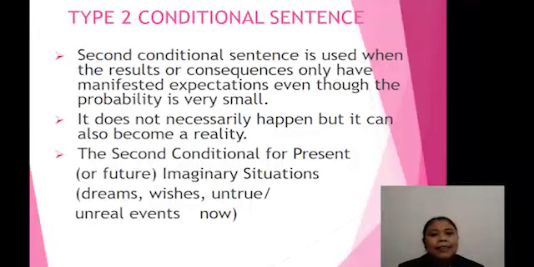It doesn't necessarily happen, but it can also become a reality. The second conditional is for present or future imaginary situations, dreams, wishes, untrue, unreal events now. Okay, those are about the type 2 conditional sentence.